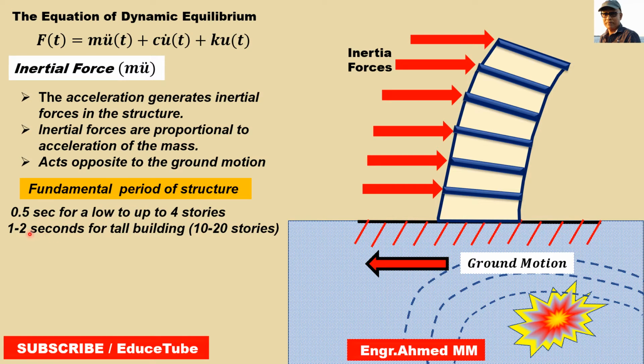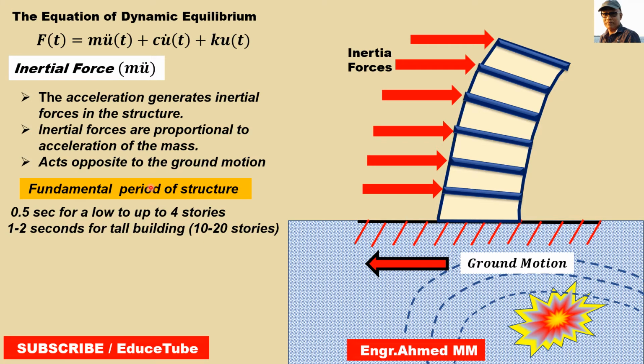What is that? 0.5 second for low, up to 4 stories, 1 to 2 seconds for tall buildings. This is, as I told, the characteristics of the structures in terms of fundamental periods.